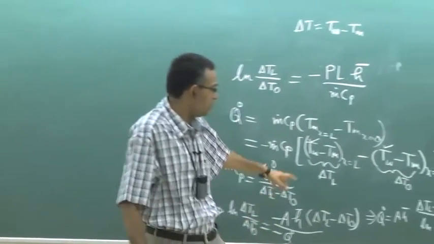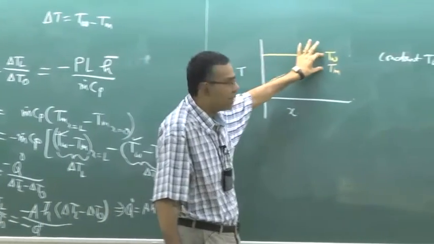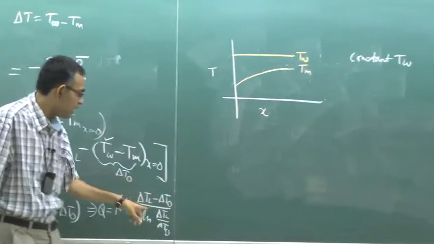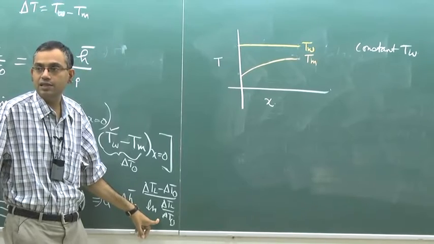We have shown here by our calculation that the average delta T is not this delta T plus this delta T by 2. It is this one: delta TL minus delta T0 by ln of delta TL by delta T0.